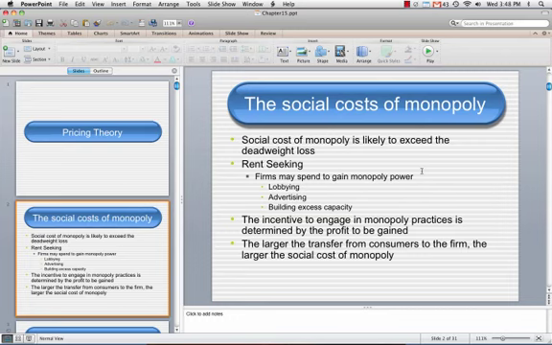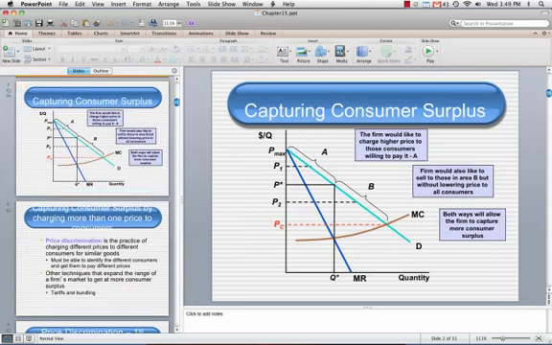And rent seeking could also come about by just building excess capacity, making sure that outsiders face no incentive to enter the industry. The whole reason why you want to be that monopolist is you capture as much producer surplus and as much profit as possible.